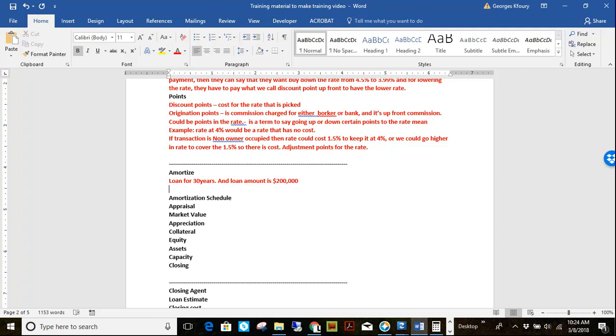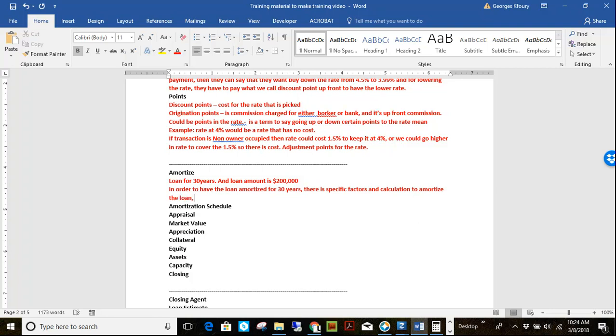Well, in order to have the loan amortized for 30 years, there are specific factors and calculations to amortize the loan.